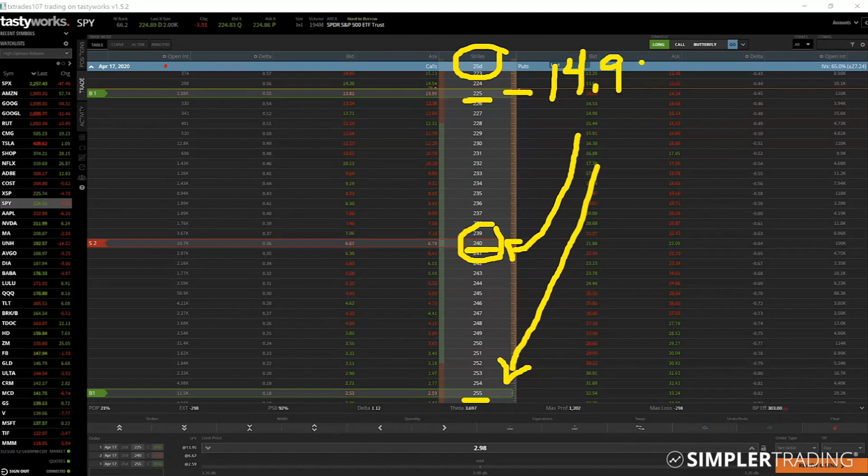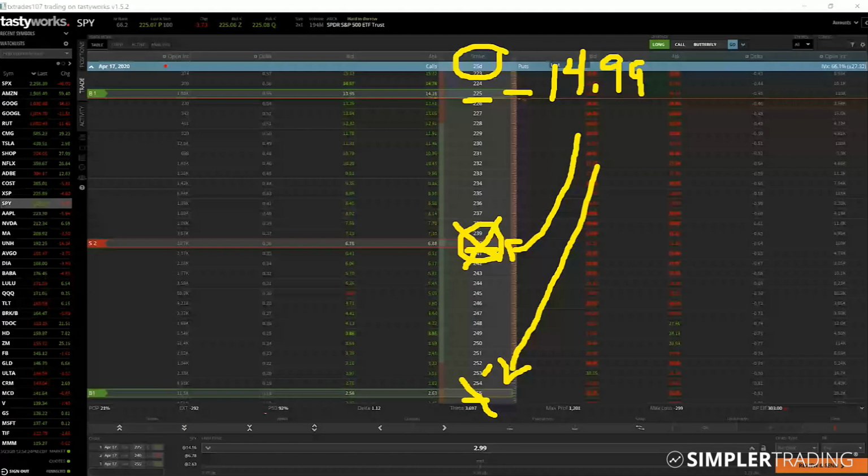And these two 240s that we sold are worthless, so we get to keep the credit. That's good. And then lastly, this 255 that we bought as protection is also worthless.